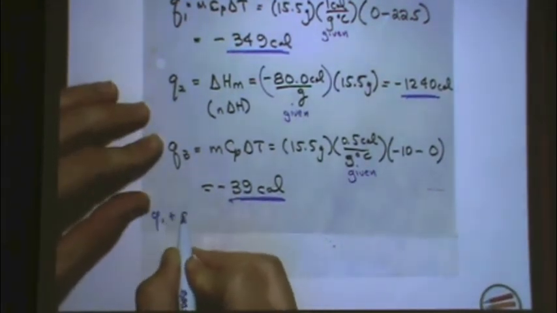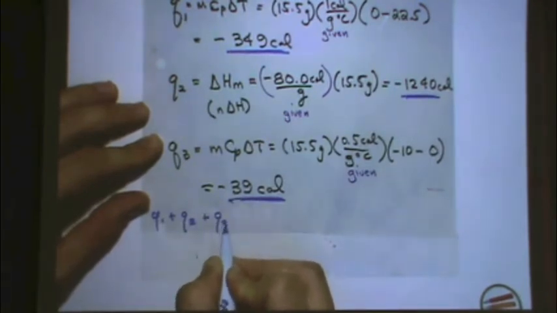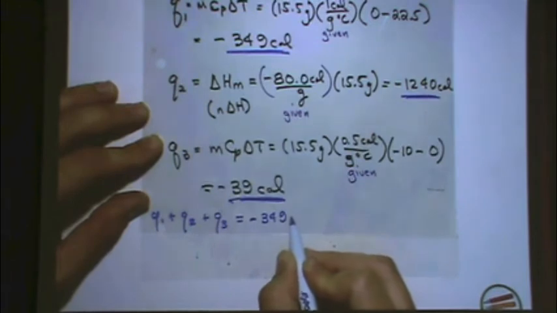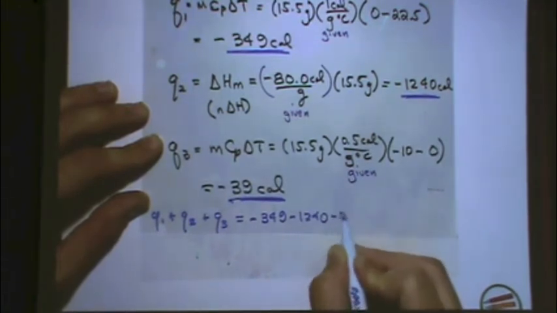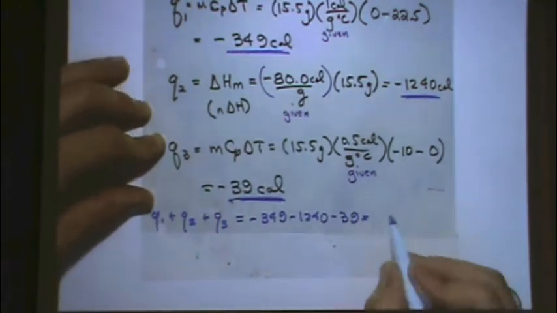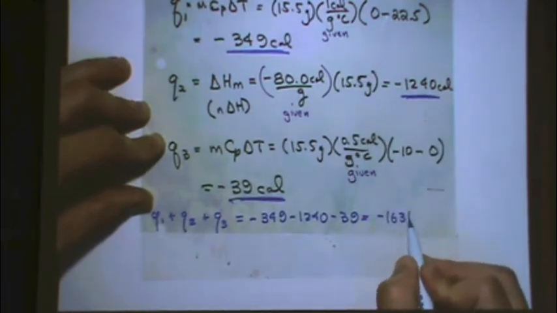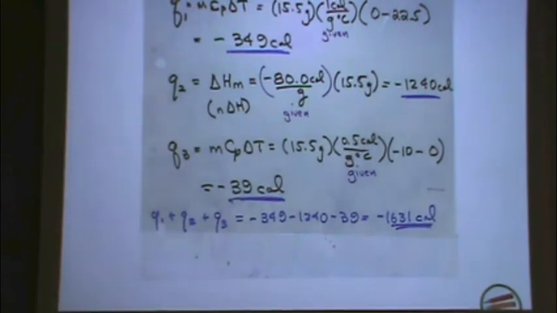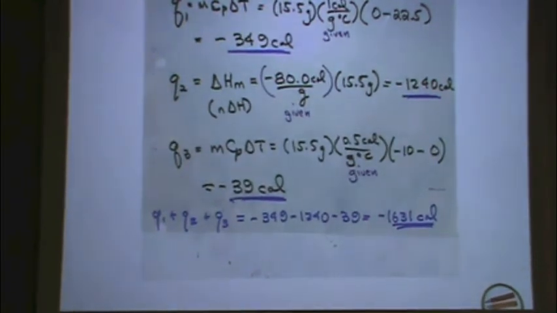Q1 plus Q2 plus Q3 equals -349 minus 1240 minus 39, and that equals, I got -1631, and this is in units of calories. That's my final answer. So again, it was just the sum of the total energy removed to remove water from 22.5, I think it was, to -10.